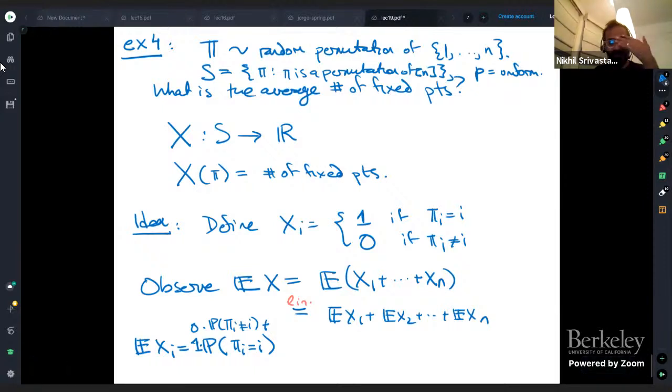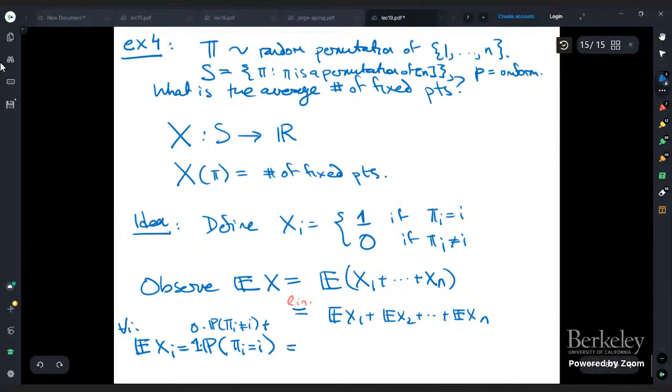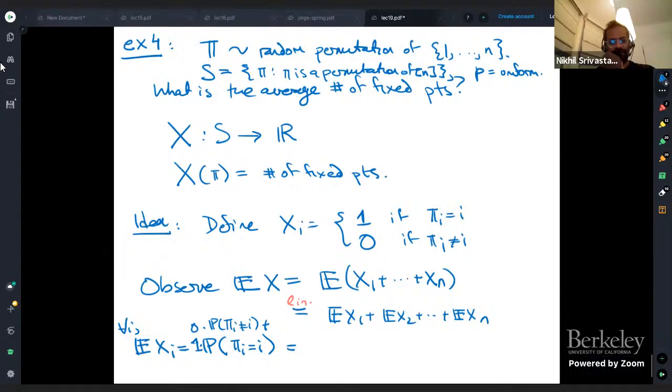And what's the probability that i is a fixed point, for some fixed i? 1/n, somebody said. Yeah. There are a number of ways of thinking about this.